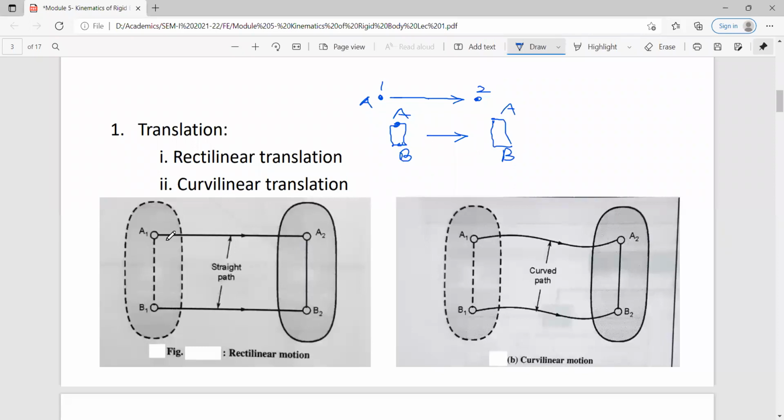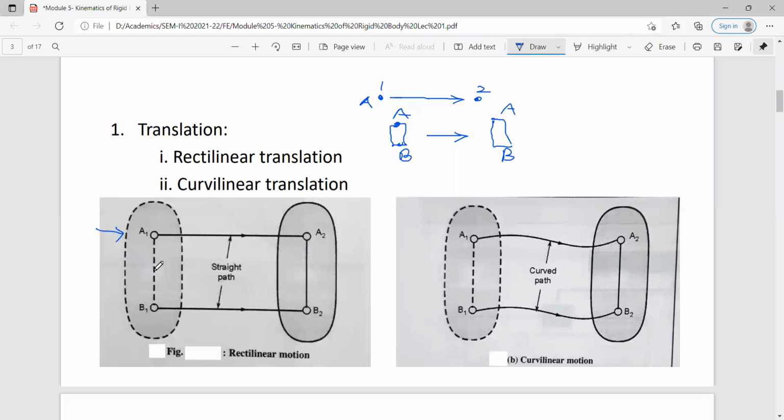So see here, it is one body. This particular body has two particles, A and B. So what is done here? A line is drawn connecting these two points. We found that this line is vertical initially.